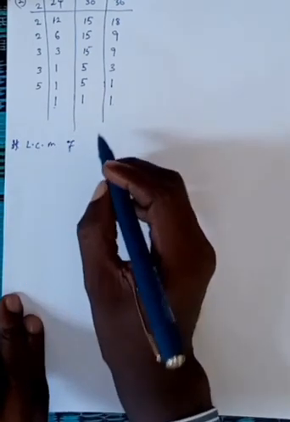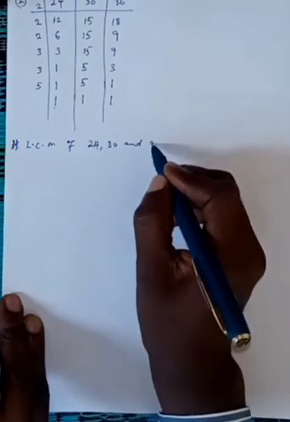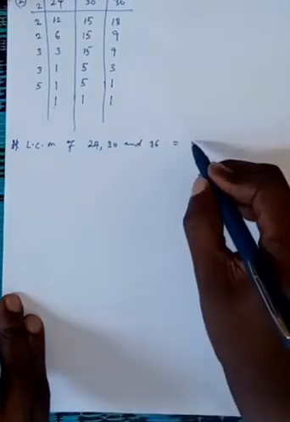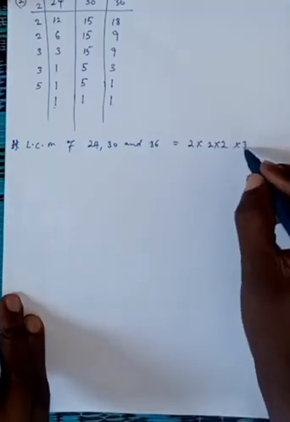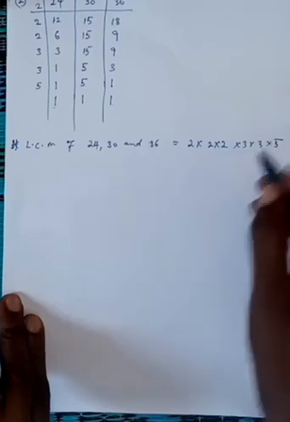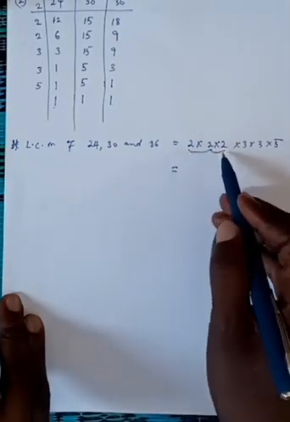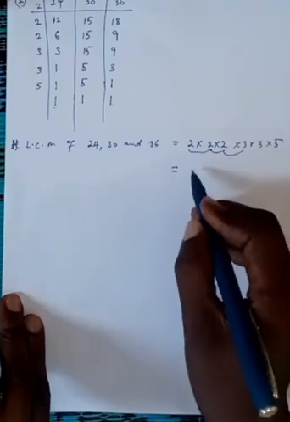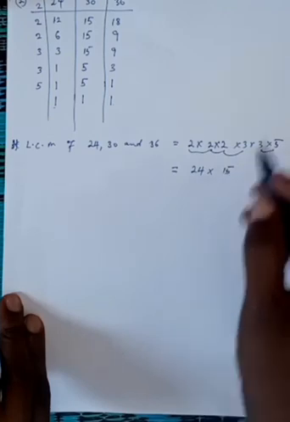So we're now going to say that the LCM of 24, 30 and 36 is equal to 2 times 2 times 2 times 3 times 3 times 5. That gives 2 times 2, 4. 4 times 2, 8. 8 times 3, 24. 24 times 3 times 5, that is 24 times 15.